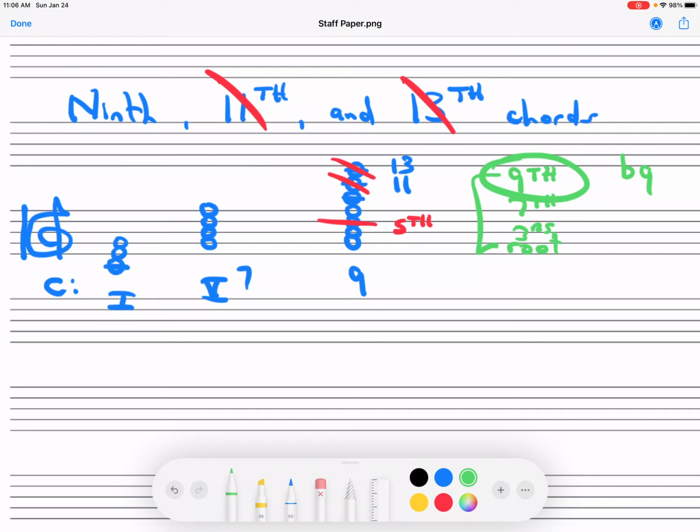Now, there is no standardized way of writing the figured bass for this. What I would recommend is to use the regular figured bass that we use for 7th chords: 7, 6, 5, and 4, 3, and then perhaps 4, 2. I'm not sure about that one.